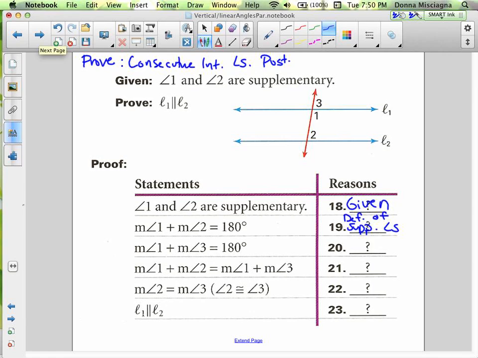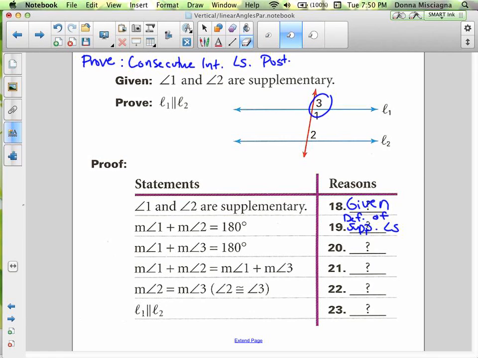The measure of angle 1 plus the measure of angle 3 equals 180 degrees. Even though this statement and the one before look very much alike, this is not a substitution. Instead, if we look to our picture, angle 1 and angle 3 are adjacent angles formed by intersecting lines, and together they add to 180 degrees because they are a linear pair.